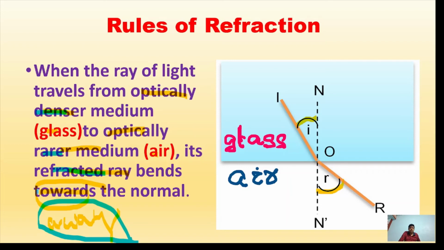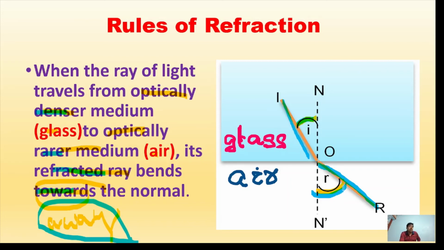This is wrong, students, it should be towards the normal; wrong due to wrong printing. So the refracted ray bends away from the normal. This is the incident ray coming from the glass to air, and the refracted ray bends away from the normal. It means the angle of refraction is more than the angle of incidence, and I is less than R.